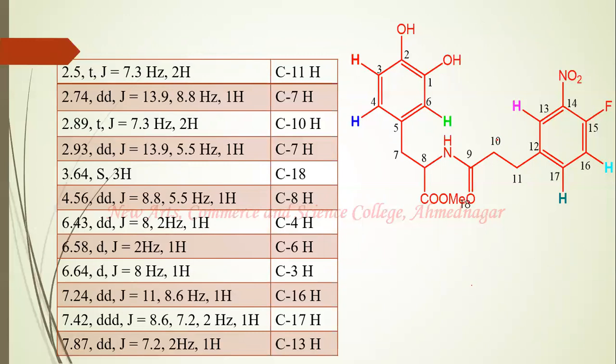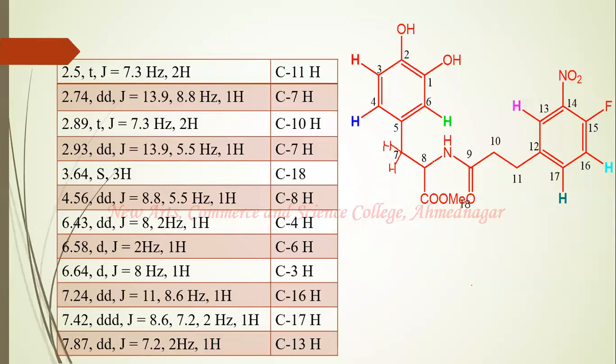Then the next signal is 2.74, doublet of a doublet. J is equal to 13.9 and 8.8 Hertz. 13.9 Hertz coupling constant value is a very large coupling constant value. So we can assign it as a geminal coupling constant value between the two protons present on the CH2 carbon atom. Now, why the two protons present on the CH2 carbon atom will show geminal coupling? The reason is that these two protons are diastereotopic, because look at the adjacent carbon atom.